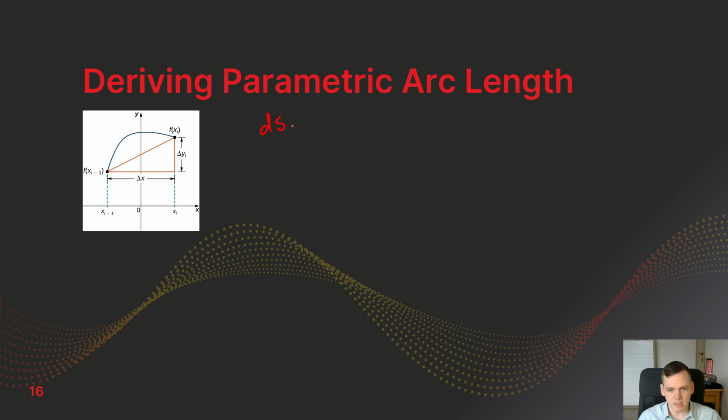We're going to say ds is equal to the square root of dx squared plus dy squared. So I'm jumping straight to differentials as opposed to starting with deltas, but it's the same idea, just really tiny deltas. Then we have ds equal to dt over dt, because remember, we're going to have functions x of t and y of t if we're dealing with parametric functions.